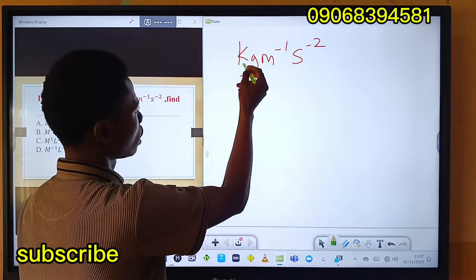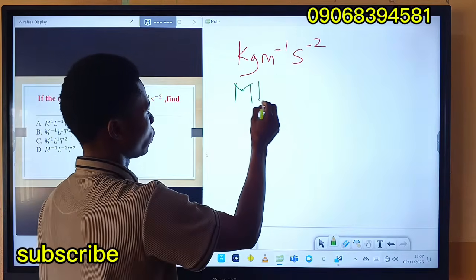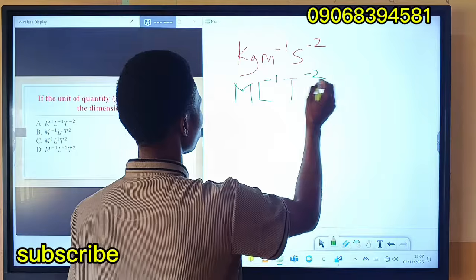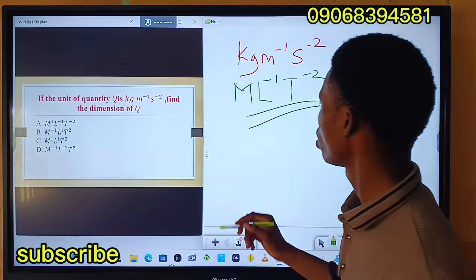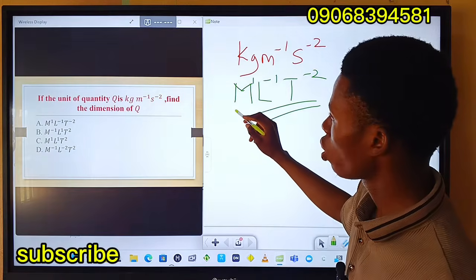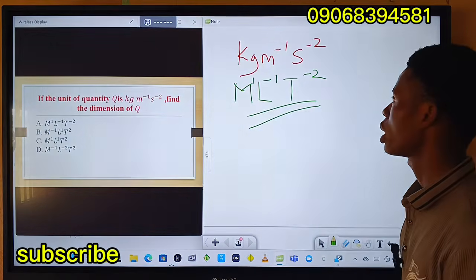Just from the unit, kilogram is mass, meter is length, so raised to the power minus 1. Seconds is time, raised to the power minus 2. That's our answer. Where is it? This is the same thing as mass raised to the power 1. That's option A. Option A is our answer.